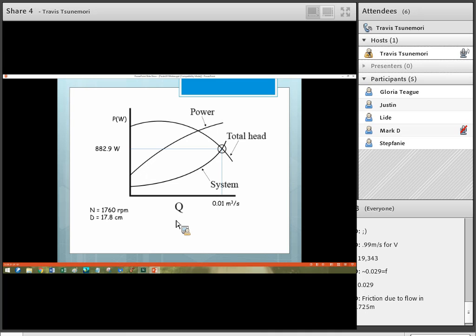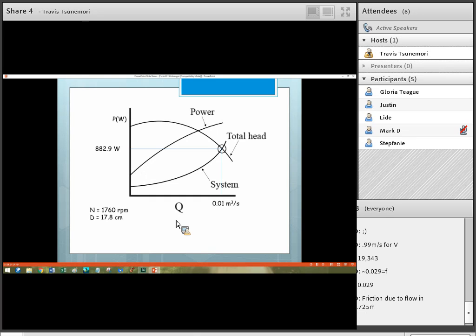So let's say you knew Q1, N1, the speed, and the diameter, and you also know the speed at which you want to run the pump and the diameter at which you want to change the pump, then you can calculate Q2, the new volumetric flow rate.